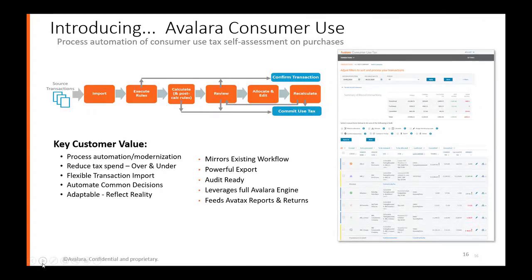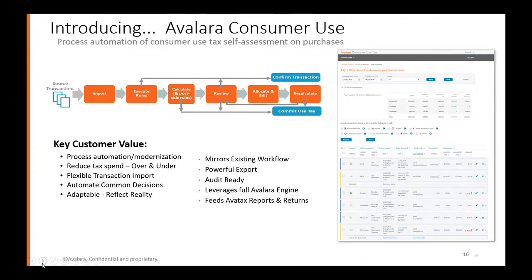And through Avalara Consumer Use, there is a set of automated processing rules that will analyze the data both before any determination is done across all purchases, as well as after the results have been produced in real time. And post-calculation, post-determination, the Avalara Consumer Use module will lay out any of those outlier purchases so that you can easily review them, update them for both allocation as well as distribution across multiple locations.